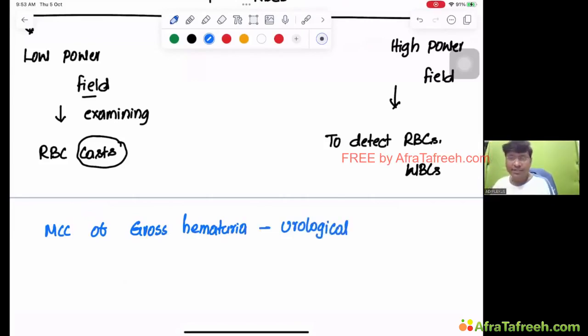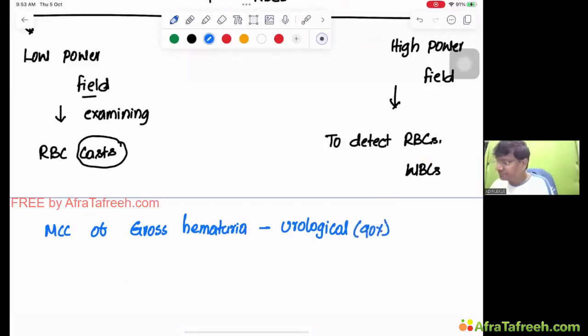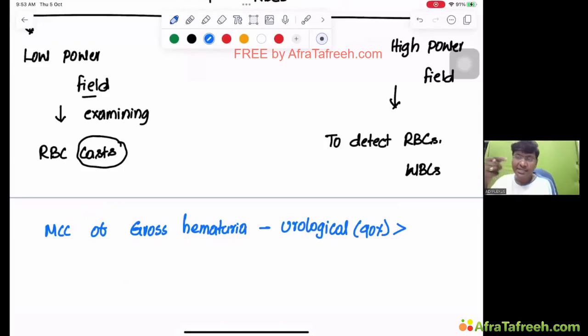What will be the urological pathology? Like ureteric calculi or bladder calculi, right? That would be the most common cause for gross hematuria, because these calculi have rugged or rough surfaces, and they can tear the ureter or the bladder, causing the hematuria.